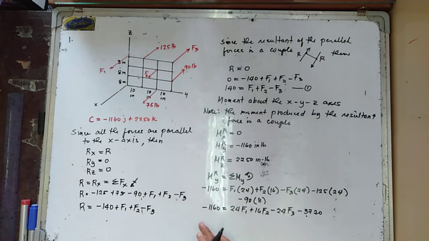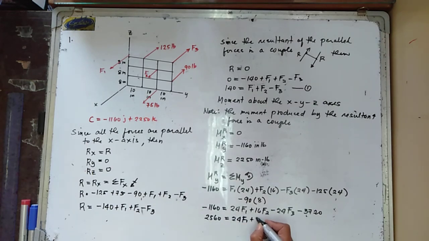So we have now, okay, transpose this to the other side of the equation. Then 3720 minus 1160 is 2560. That is equal to 2560.